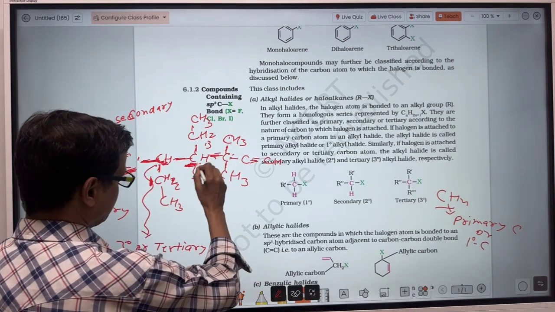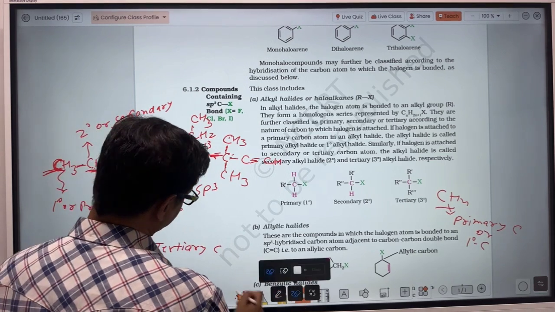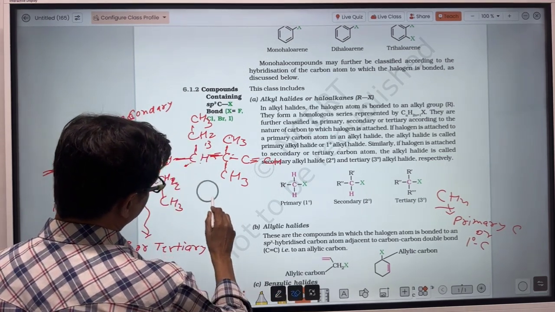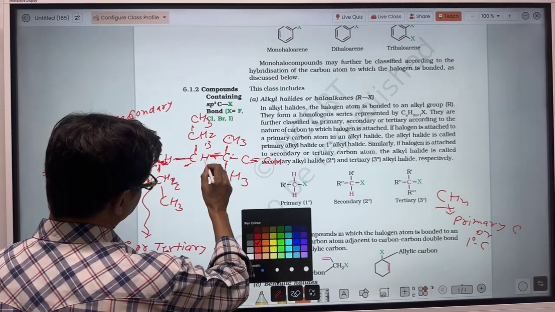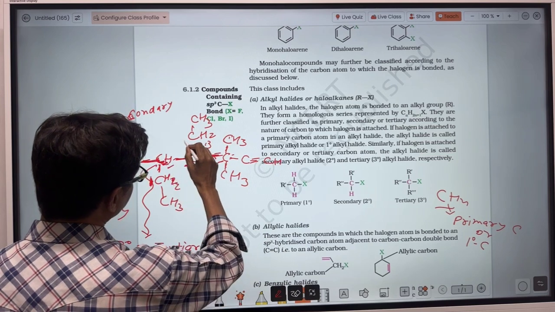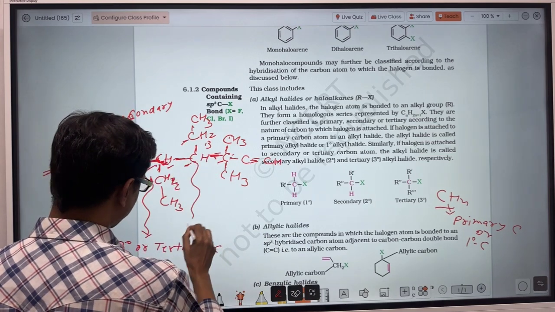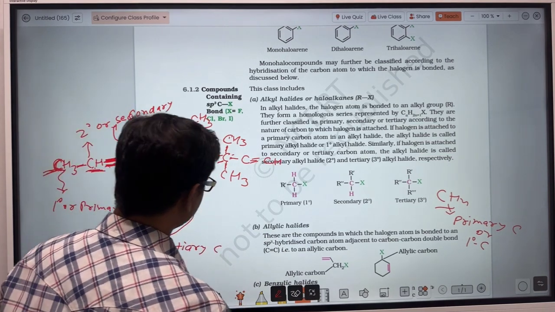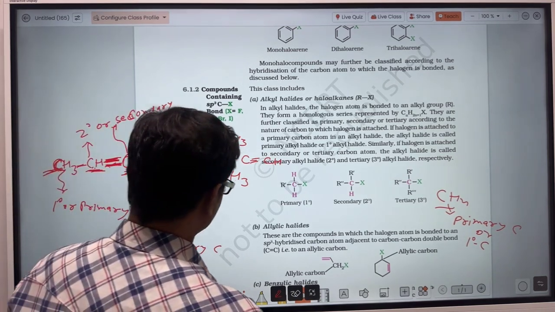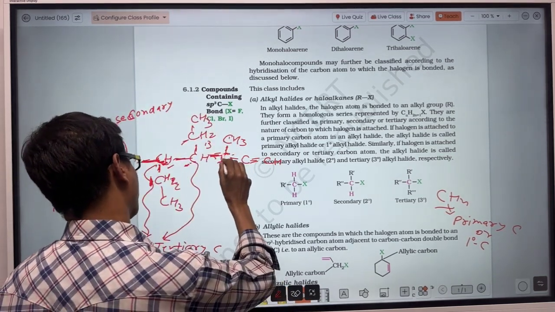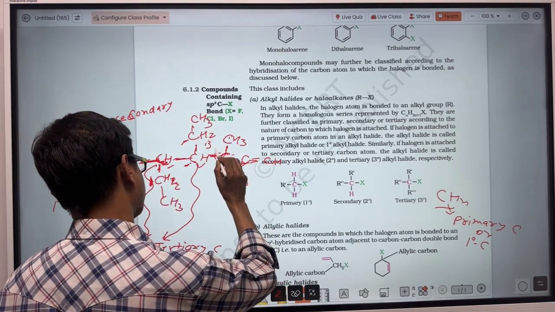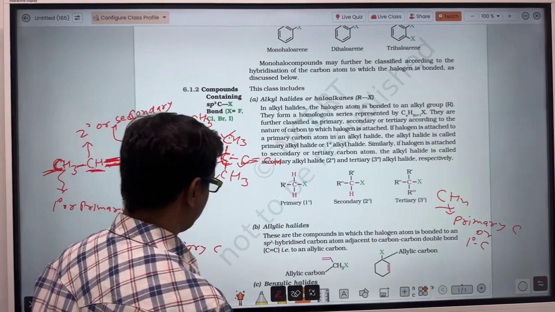Now this carbon is also doing bond formation with 3 carbon atoms, that is this one and this one. So that's why this will also be called 3-degree or tertiary carbon. Now this carbon is doing bond formation with this carbon and this carbon.